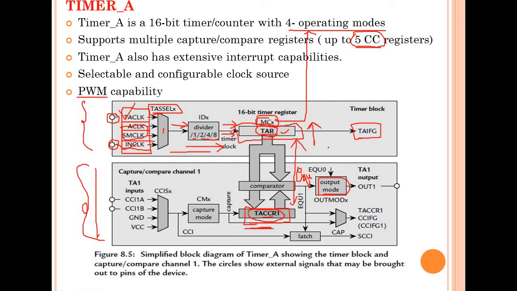Just see, for example, if you store the value 10 in the TACCR1 capture and compare register, and you initialize the counter, then what does the counter do? It will count the clock pulses and the count will increment. First the count will become 0, next 1, next 2, and it will compare that counter value with 10, which you already stored in TACCR1.